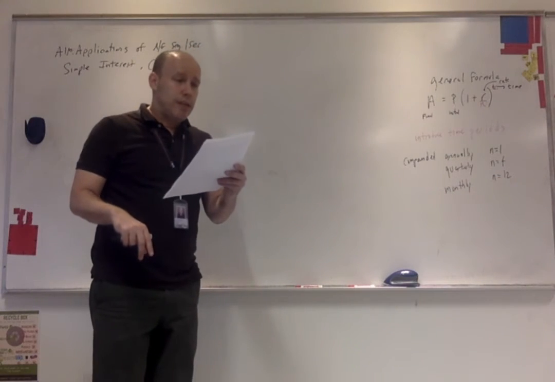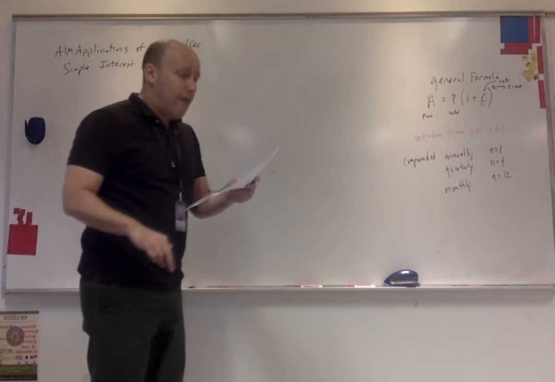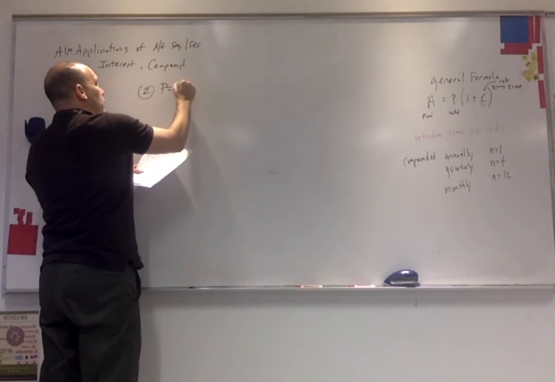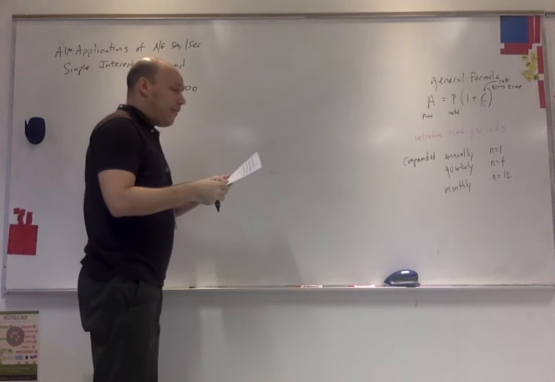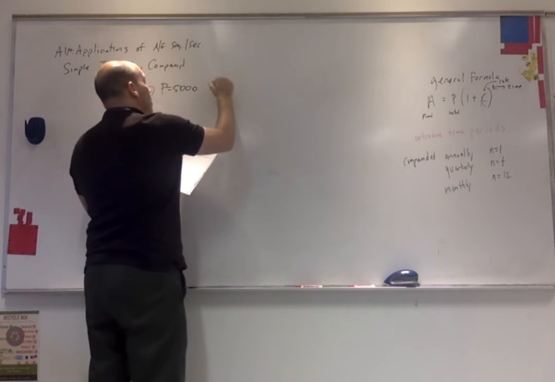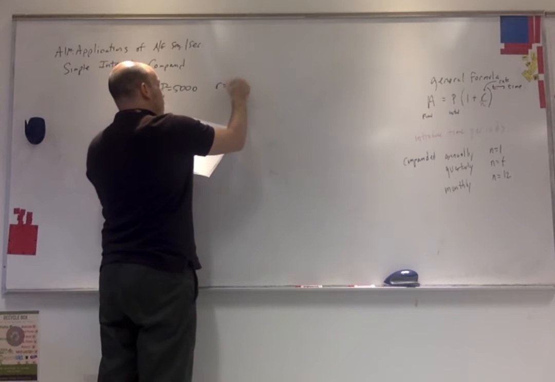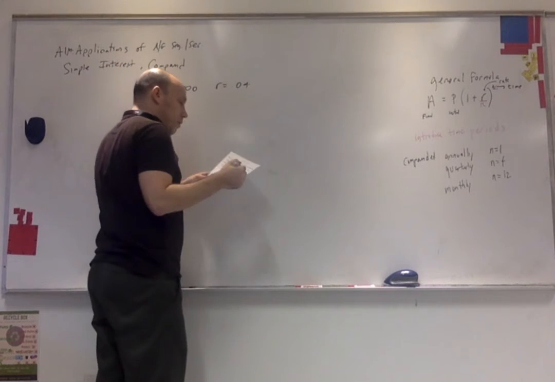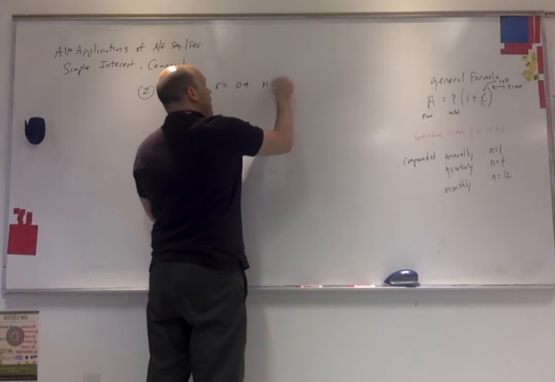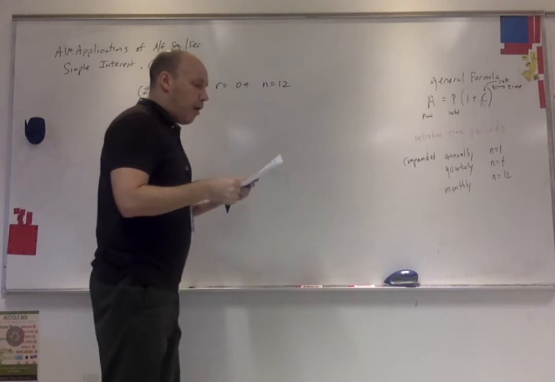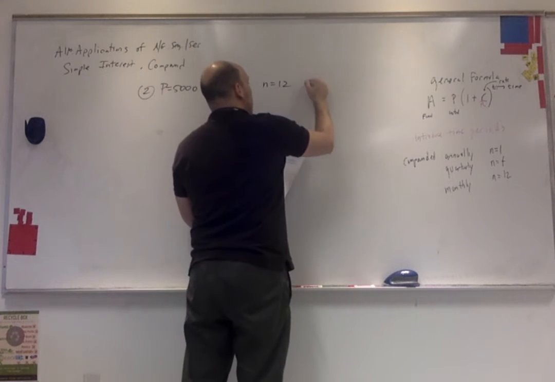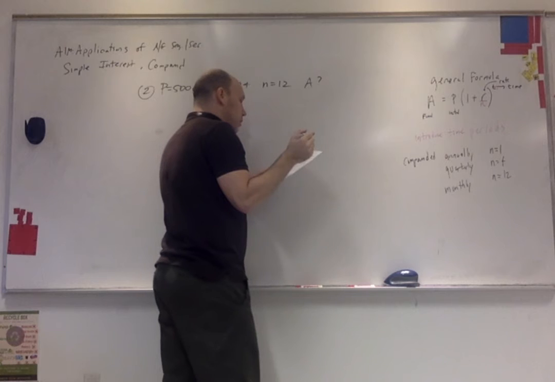Next, let's get some information. Habib put $5,000, P equals 5,000, into a savings account that pays 4% interest per annum, R equals 0.04, compounded monthly, N equals 12. How much will the account be? So A is unknown.